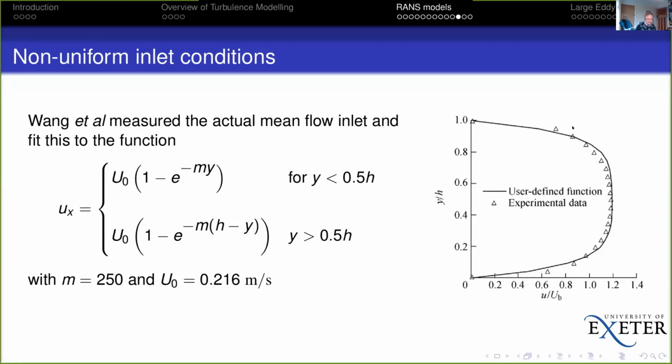So this is the experimental data they based their calculations on, and for their simulations, they've actually used this inlet profile. So far, my simulation doesn't do this. It just has a uniform inlet velocity. So I thought, hey, I want to change that. I want my OpenFOAM simulation to be at least as good as whatever Wang was using for his code. So I want to put in a user-defined inlet condition.